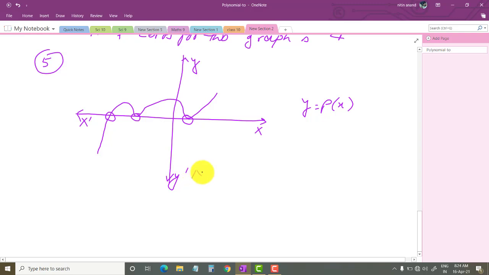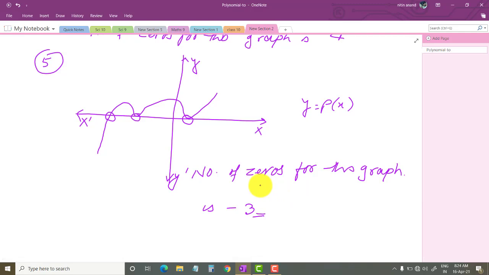So we will write the number of zeros for this graph is 3. It touches the x-axis 3 times, so there are 3 zeros.